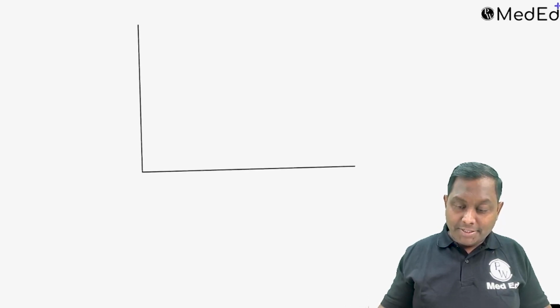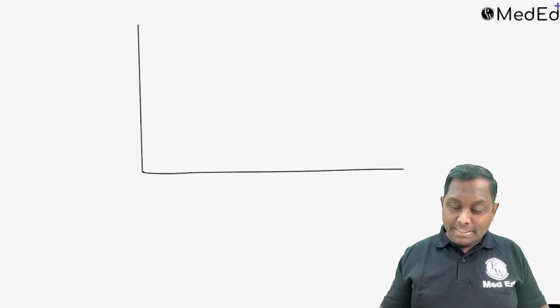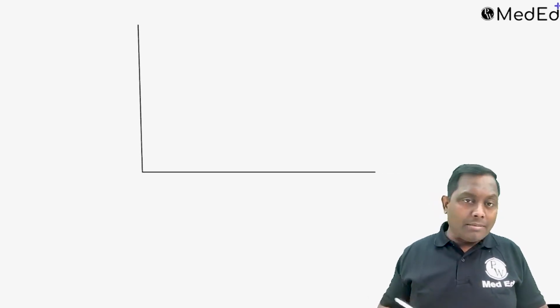Let's understand here. Let's say that we have an x and y axis graph. Okay? And in this graph, whenever we give any dose initially, we get some therapeutic benefit, right?